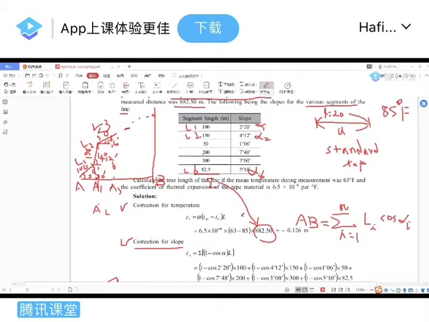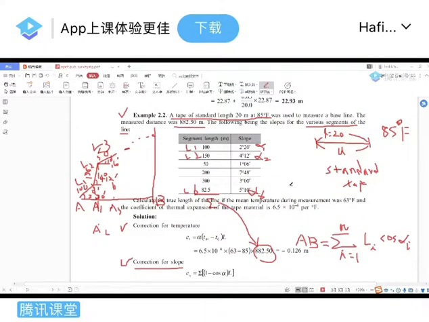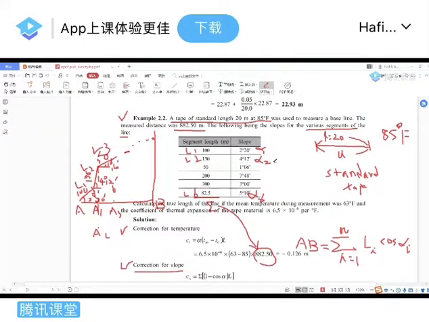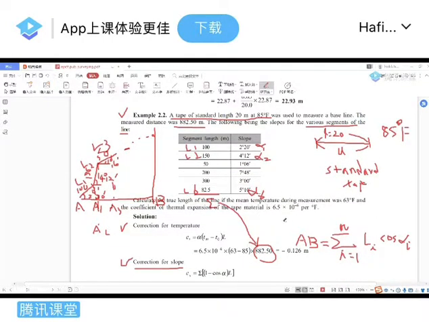How? Of course, first of all, you have to calculate the temperature influence. Let's briefly calculate the temperature bit. Now the standard temperature is 85. And what's your mean temperature? Your mean temperature is the temperature of the tape you are using to measure now.